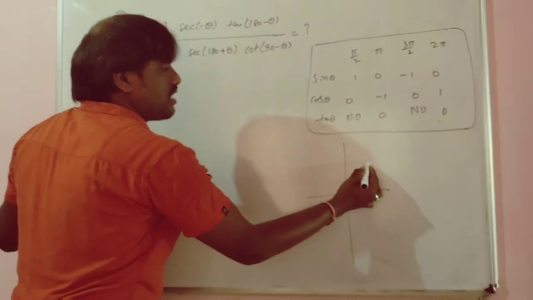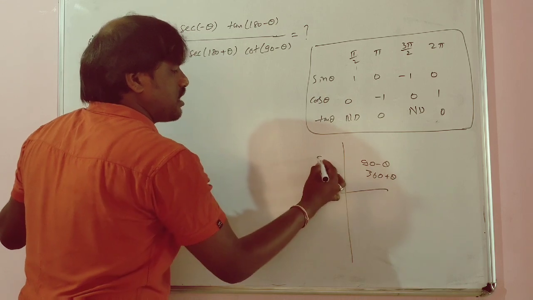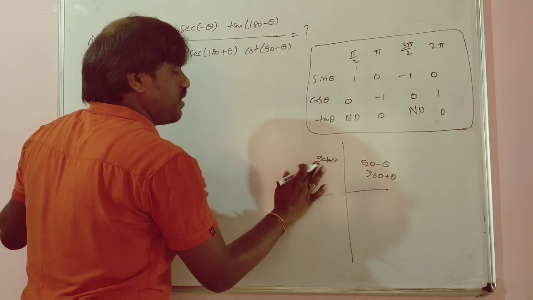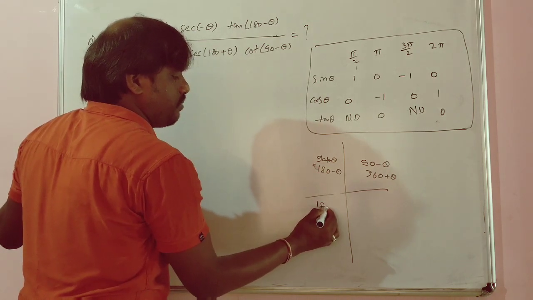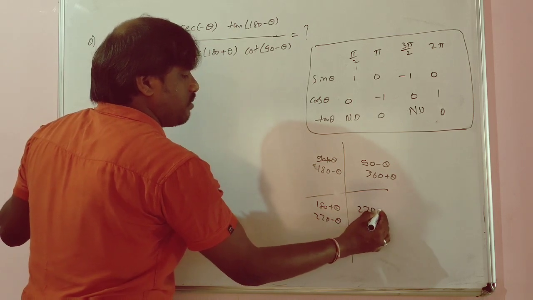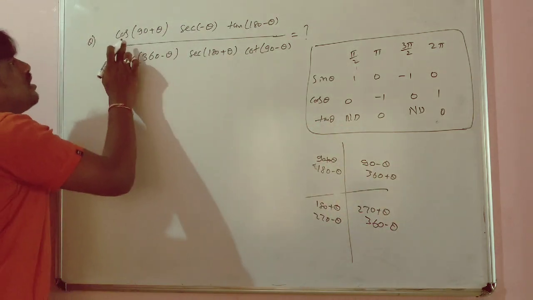I told you 90 minus theta, 90 plus theta, 180 minus theta, 180 plus theta, 270 minus theta, 270 plus theta and 360 minus theta. You just know the quadrant.